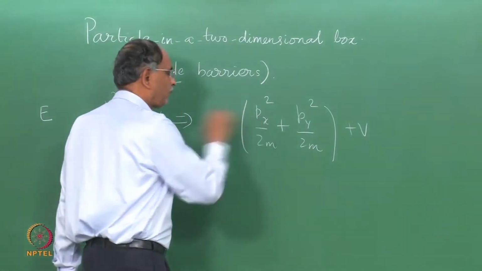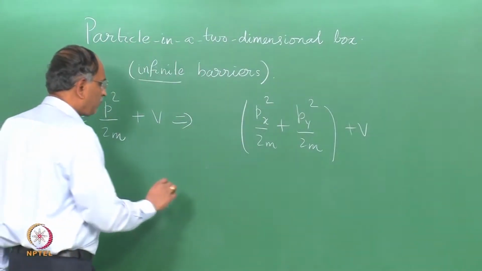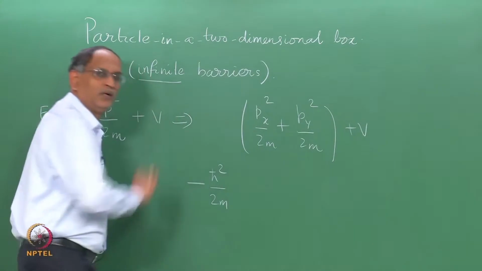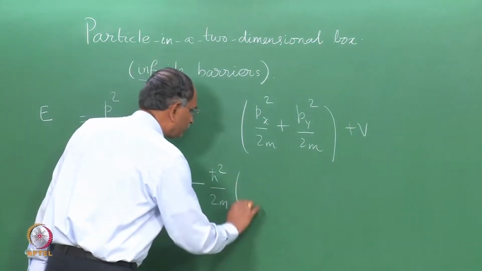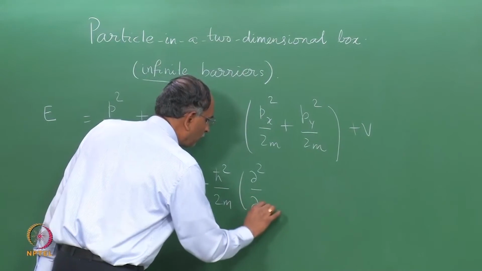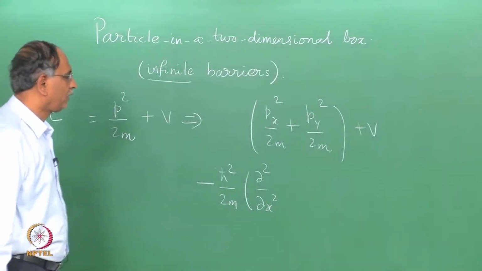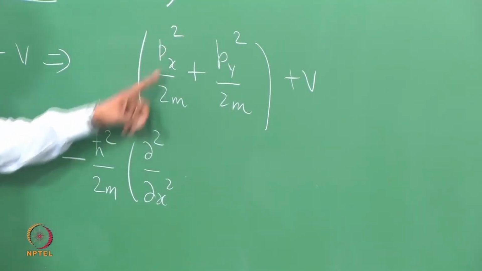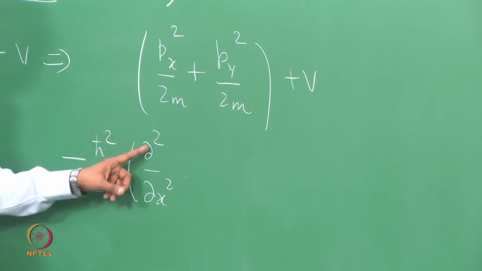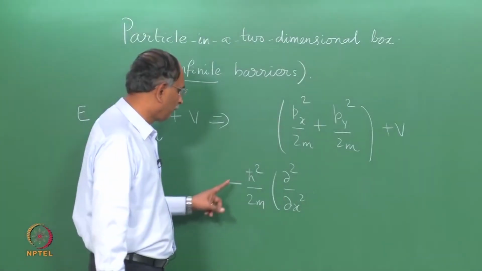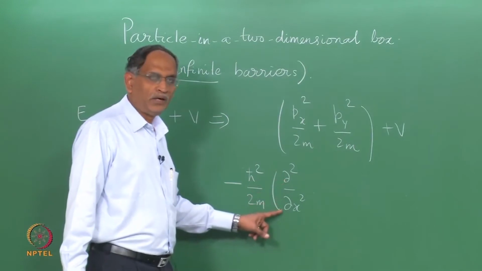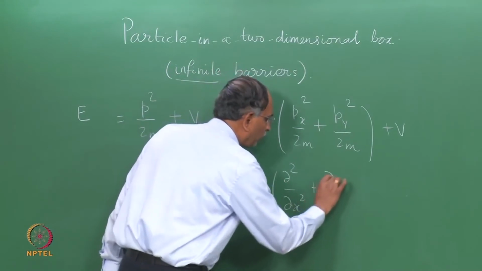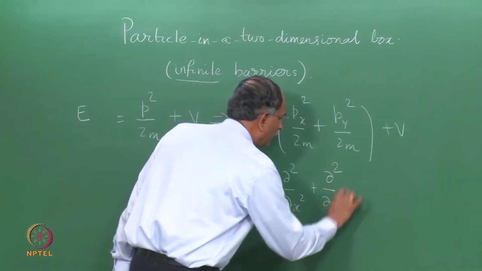In quantum mechanics, because we have the wave function as a function of two coordinates x and y, the momentum in the x direction is given by the partial derivative, and this is the square of the momentum. So you have minus h bar squared del square by del x square by 2m, and correspondingly for p y squared you have del square by del y square.